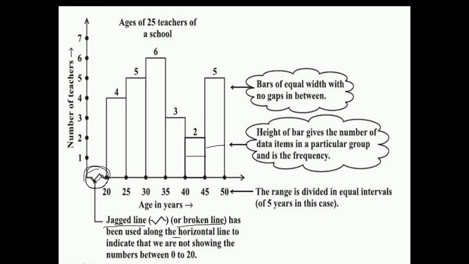We have to draw this broken line or jagged line on the horizontal line, not on the vertical line, to indicate that we are not showing the numbers between 0 to 20. That means if we want to hide the data for some numbers, we can draw a jagged line to show that. So this is known as the histogram.